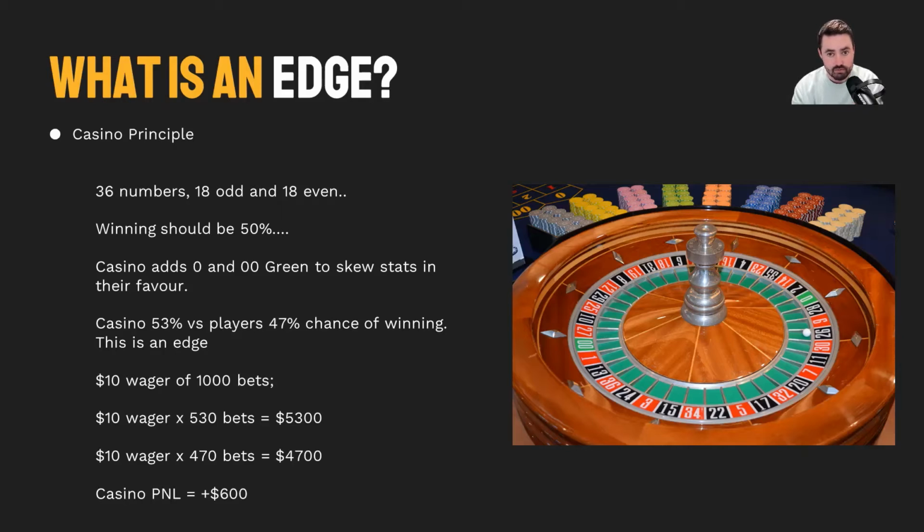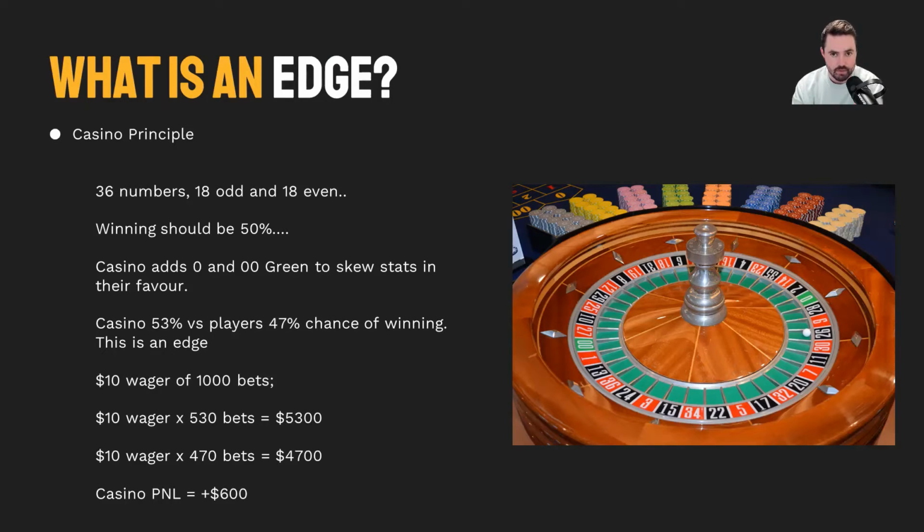And I'm sure many of you have heard of a casino or even been to one. And many of you therefore would have heard of roulette. So to keep it simple, there's 36 numbers, 18 are odd, 18 are even. So when the punters, when the gamblers bet on either red or black, which are the odd and even numbers, winning should be 50%, right?